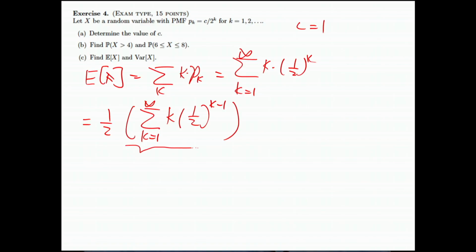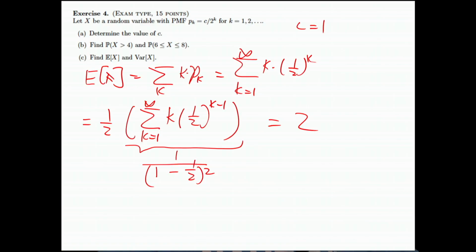And this, from homework 1, is 1 divided by (1 minus 1/2) squared. So the final answer is 2. You can see the videos for homework 1 for how we calculate this. Now we just omit the process of calculating this summation.